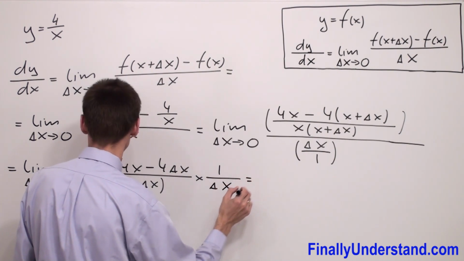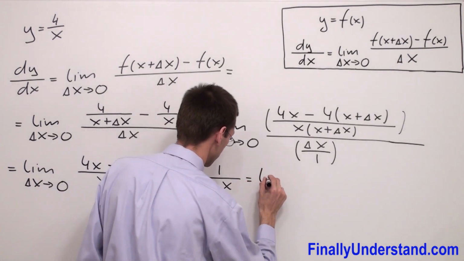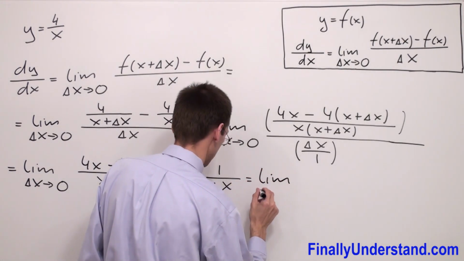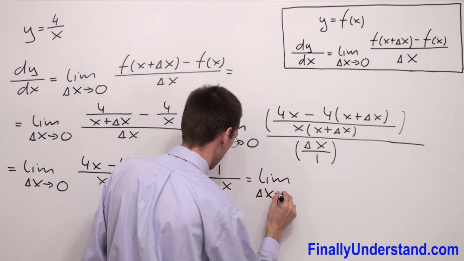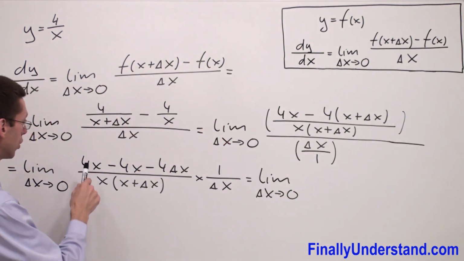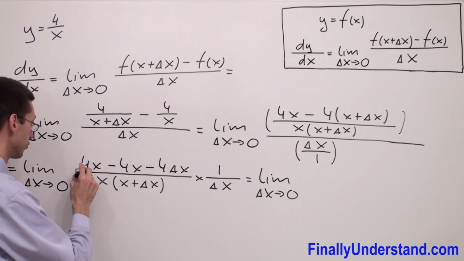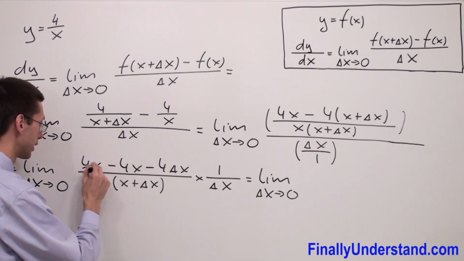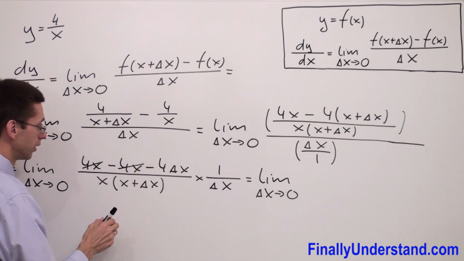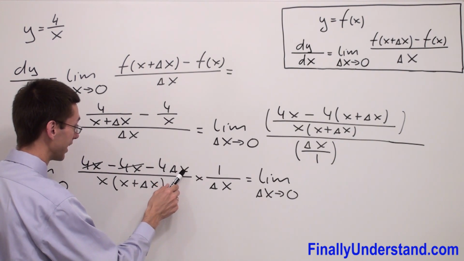Okay, this is equal. Again, I'm going to write limit as delta x approaches 0, and let's organize the numerator. 4x minus 4x, they are going to subtract each other, and I end up with negative 4 delta x.